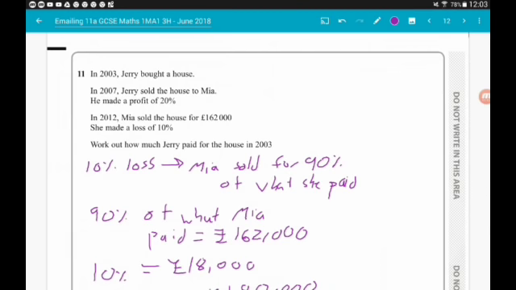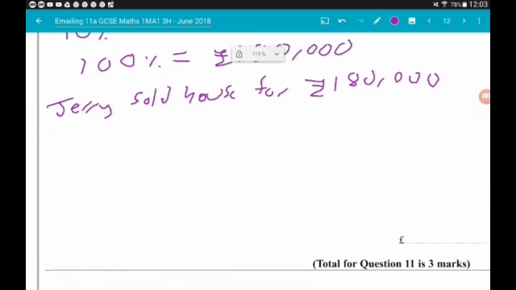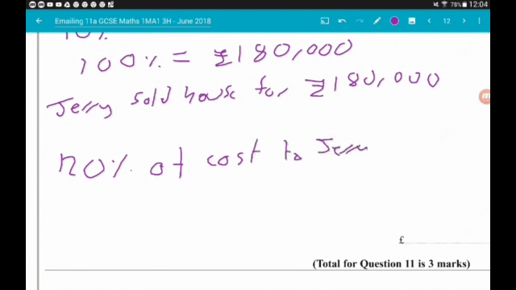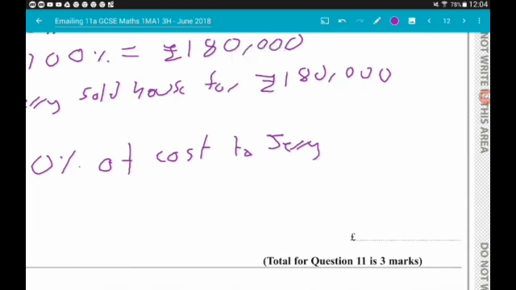So profit means he got back what he paid for the house, and then he made another 20%. So, we can say 120% of the cost to Jerry is £180,000.